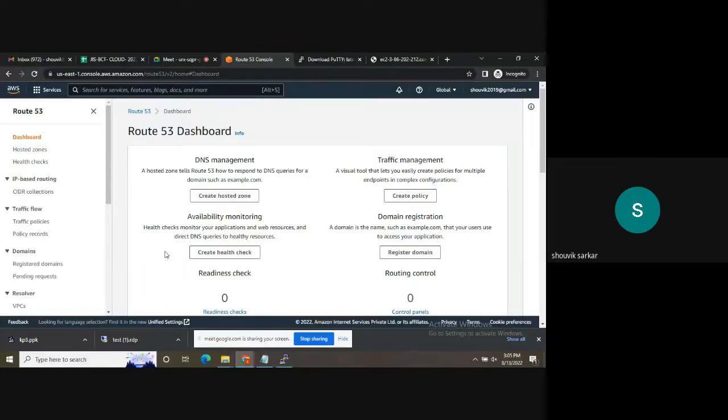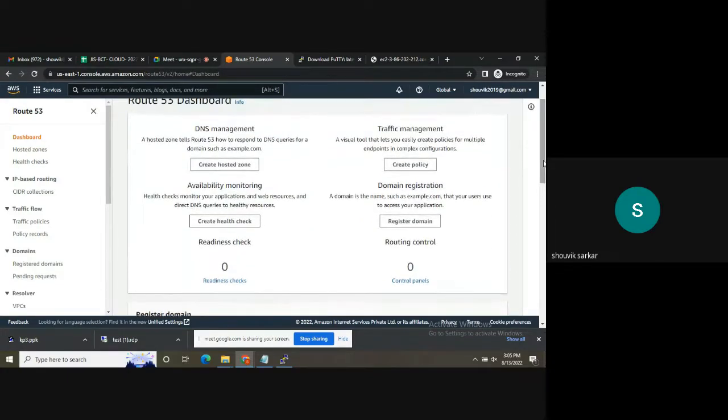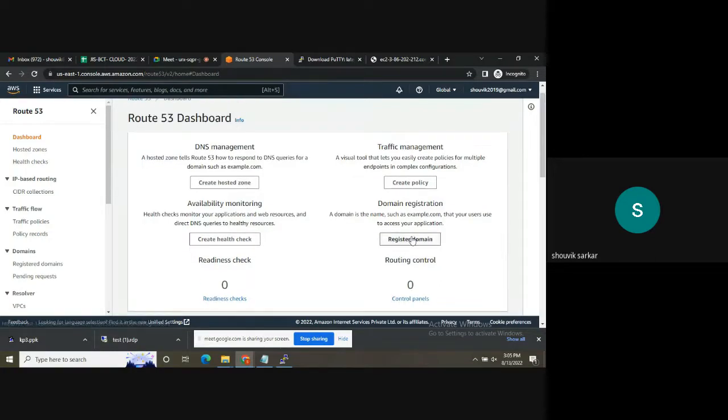Route 53 has a lot of functionalities. Within that, we want to provide a domain name, like suppose we want to create a DNS name. Traffic management is there. So we want to go with the registered domain using Route 53.